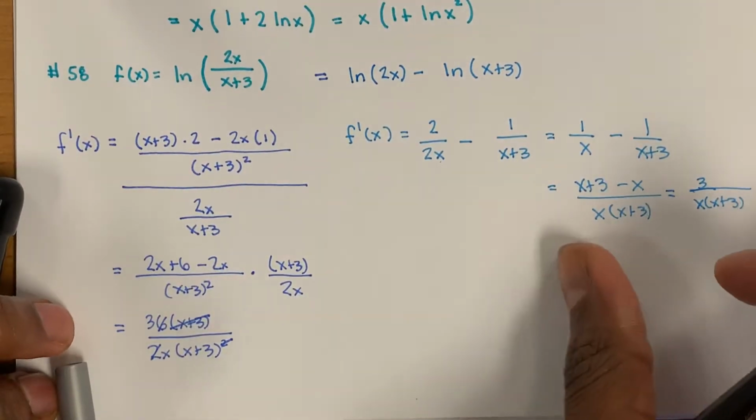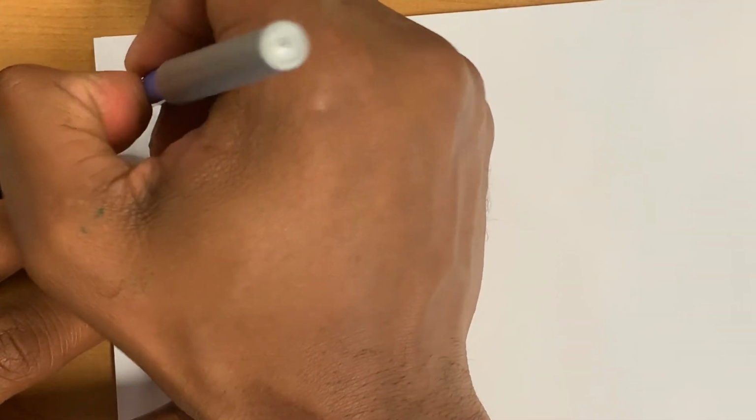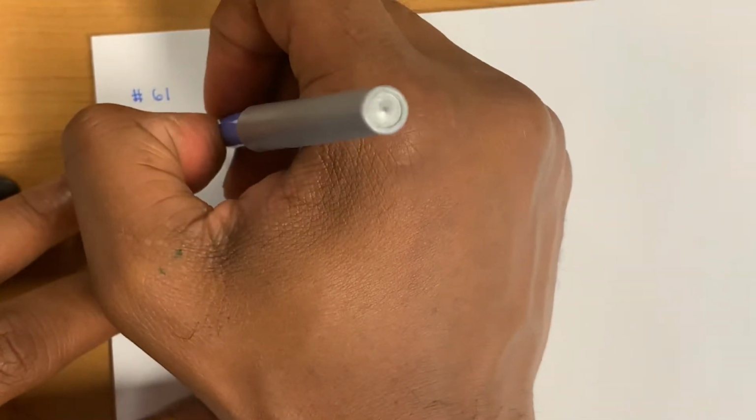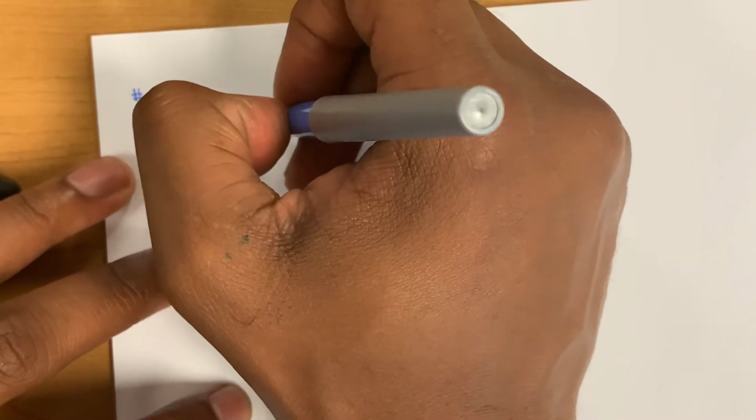Okay. So the next example is, what if you had a logarithm inside of a logarithm? Oh, want to know more, kids? Imagine we come along for number 61, and we're told that y equals the natural logarithm of the natural logarithm of x squared.